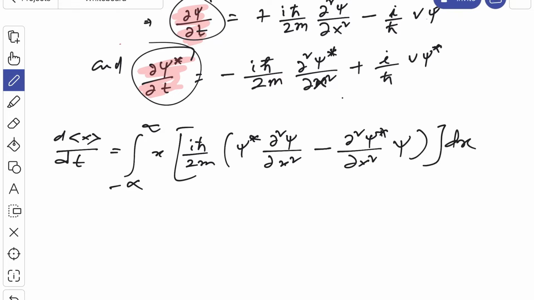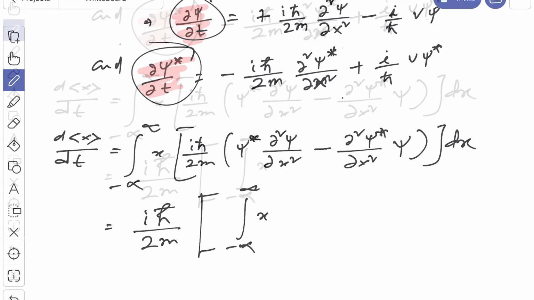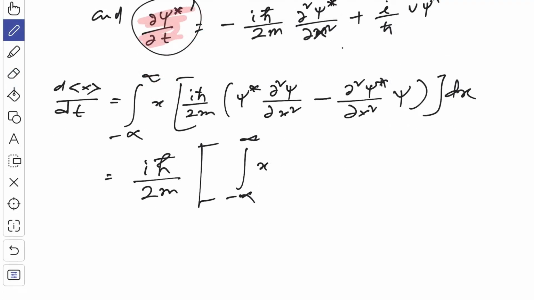Here you see, i h cut by twice m is a constant term, so you can write it this way, and you can separately use the integral part with x.